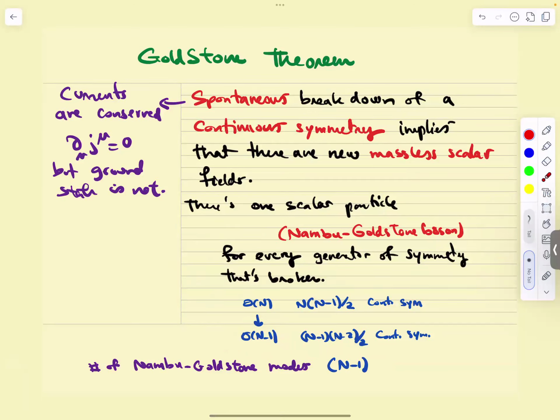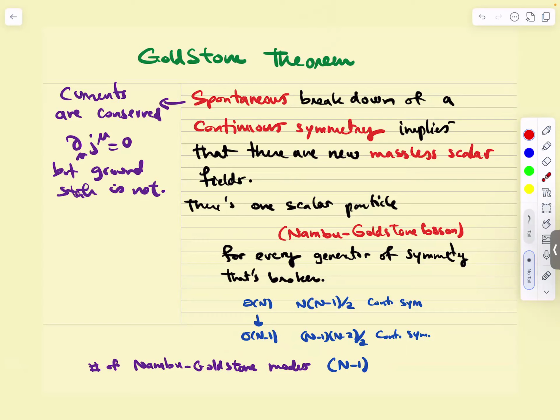Goldstone theorem tells you the following. Every time you spontaneously break a continuous symmetry, you get massless scalar fields. So let's go back. What are we talking about? Remember Noether theorem.